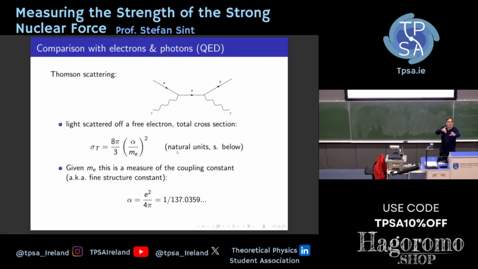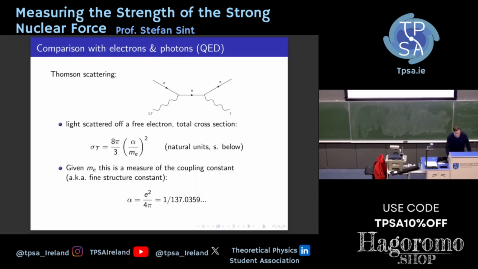So it is a scattering of light on a free electric charge. In this diagram, you have the incident light on some electron, the electron then re-emits a photon and goes its way, and the photon has the same wavelength as the initial state.